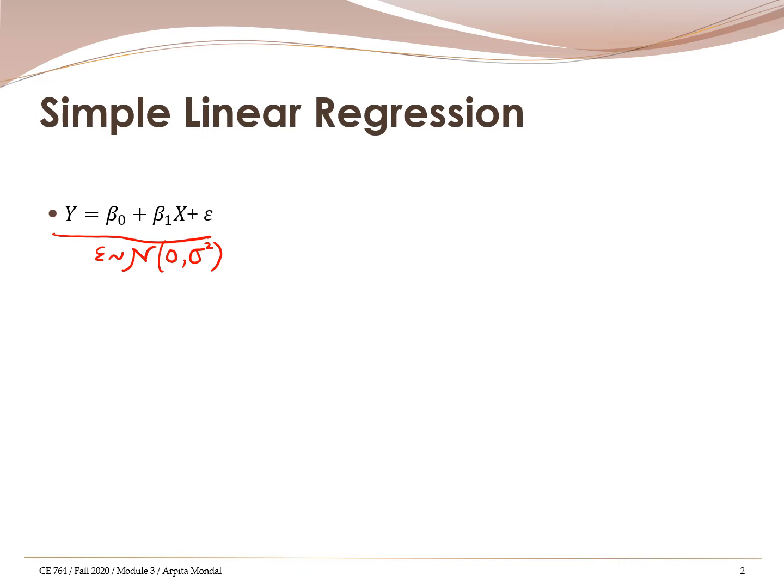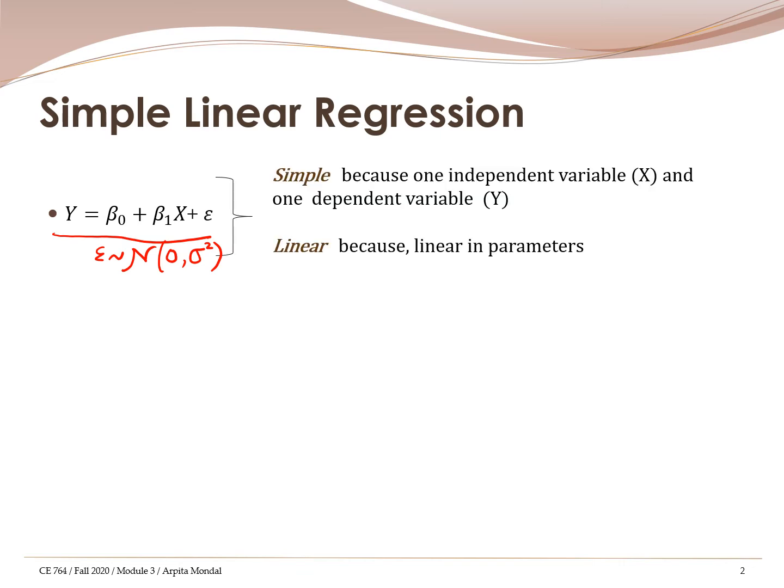This model is called simple because it involves only one dependent variable and one independent variable. So the predictor x is a single predictor, right? That's why it's called a simple linear model, and it is linear because it is linear in parameters. Hence the name simple linear regression.